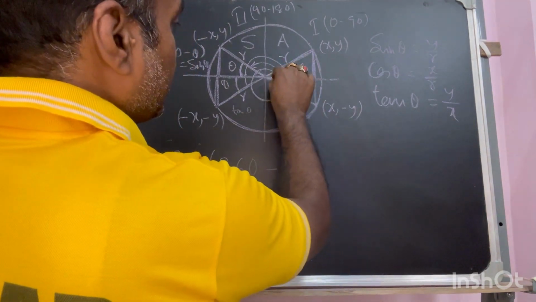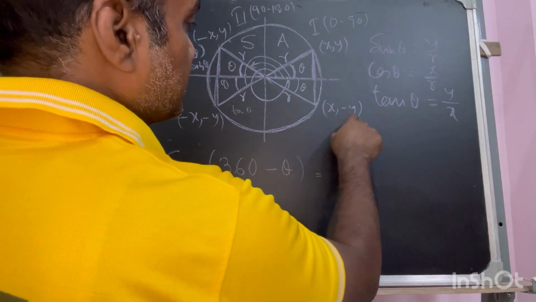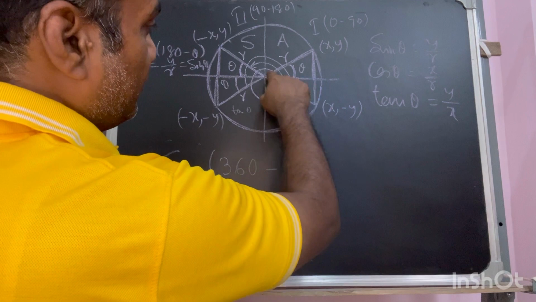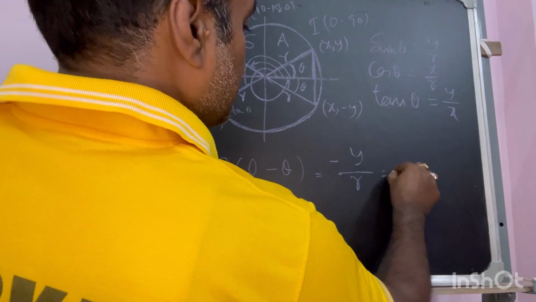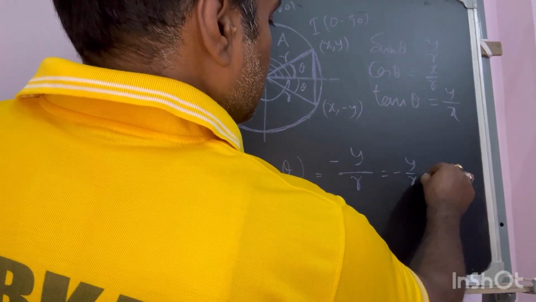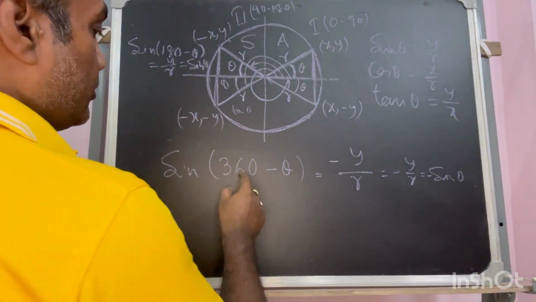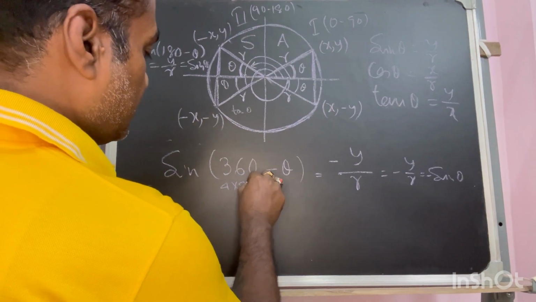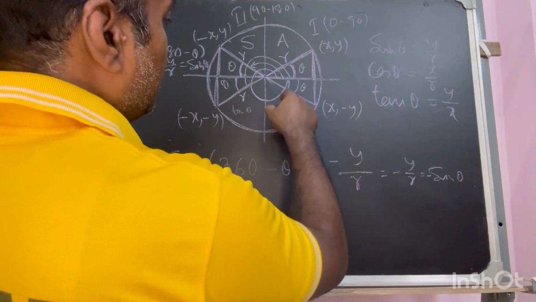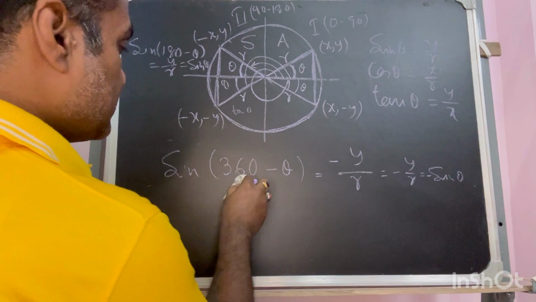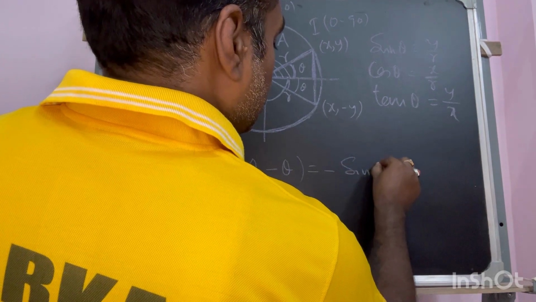Now basically we'll calculate on this triangle with theta. So here the coordinate is x, minus y. So sine is what? Vertical by arm. Vertical is minus y, arm is r. So it is minus y by r, which is sine theta followed by a minus sign. So you can say for 4 into 90, sine will not change, sine will be sine ratio. But in the fourth coordinate, sine is negative. So from there we can say directly sine of 360 minus theta is equal to minus sine theta.